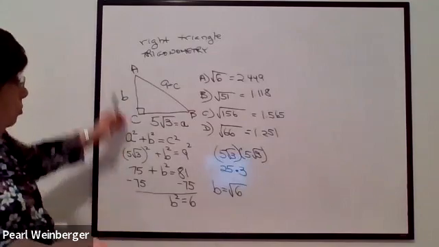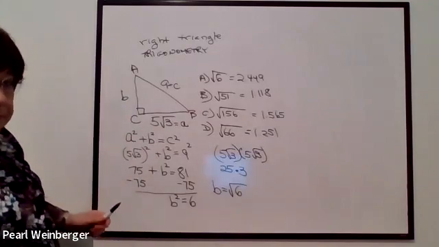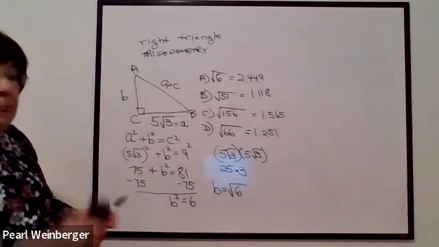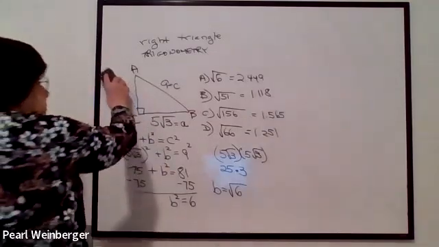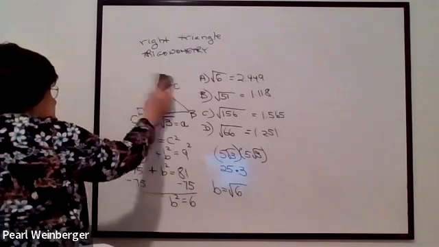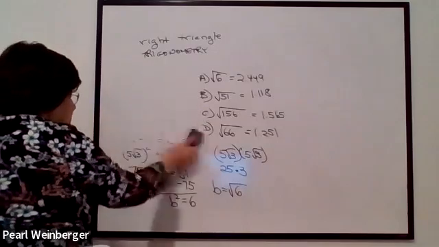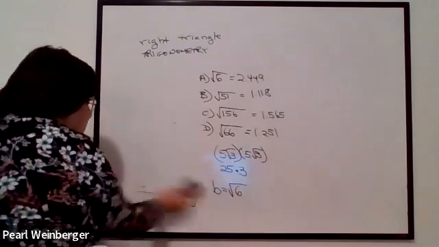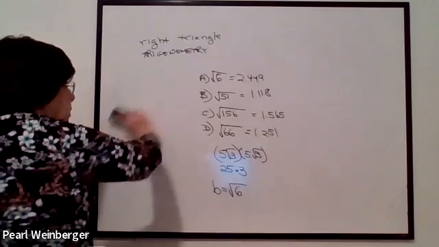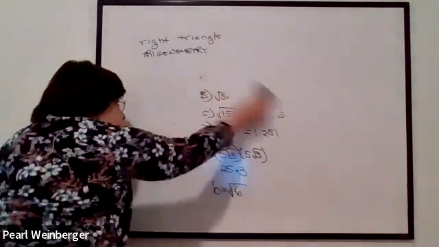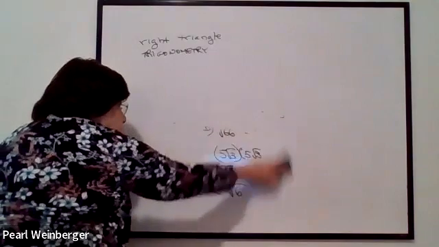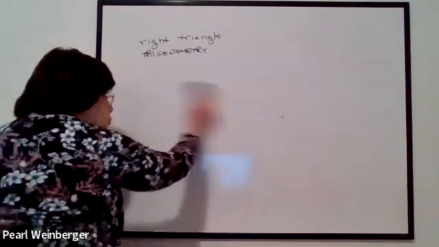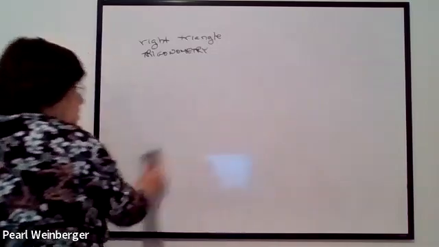So this is what we call the Pythagorean theorem. Right, let's go on from the Pythagorean theorem. This is not really trigonometry. Trigonometry deals with the angles of the right triangle and the relationship of the angles to the sides.